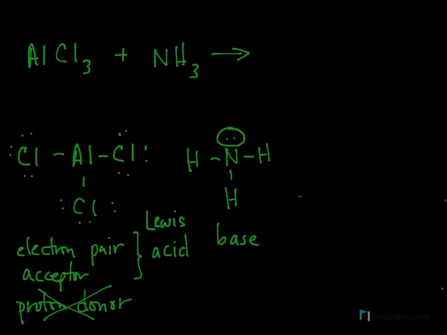And the reason why it will do this is because aluminum is one of the few elements in the periodic table that can handle 6 electrons around it. Most, as you remember, most nonmetals want to have 8 electrons and follow the octet rule.